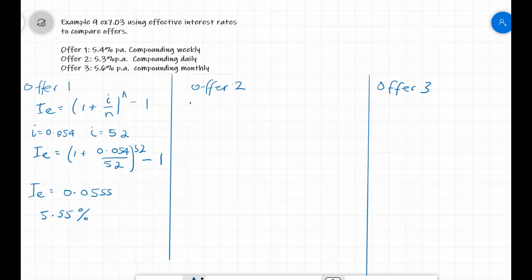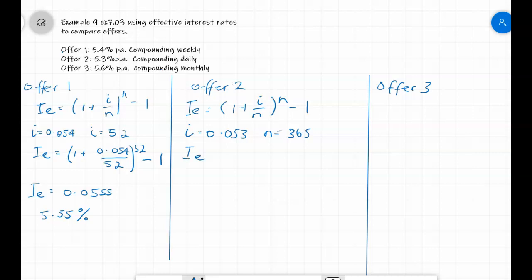Let's have a look at offer 2 and see whether compounding daily makes a difference. We'll write out the formula again. This time in offer 2, the interest rate is 0.053 and the offer is compounding daily, so that's 365 days in 1 year.